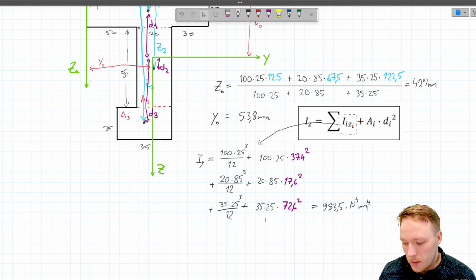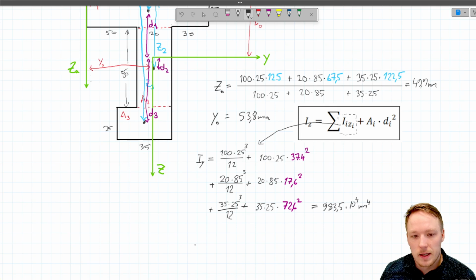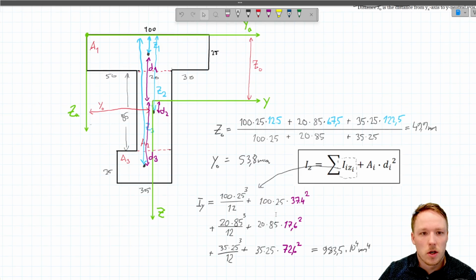Now, around the z-axis, we would calculate exactly the same thing, but instead of calculating the second moment of inertias for the individual areas around the y-axis, we would have to calculate those around the z-axis. Let's do the example for area 1 just to show you how it goes, and then you can try to do it yourself for the rest.